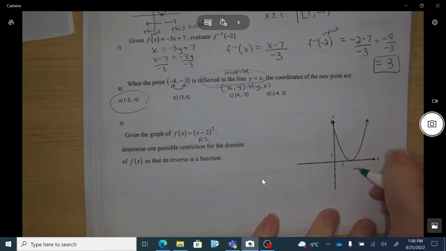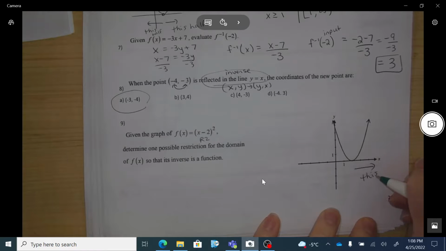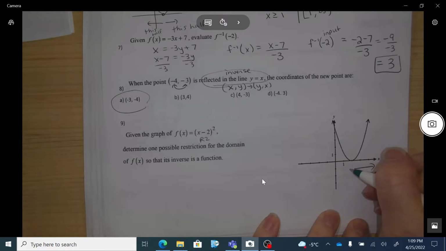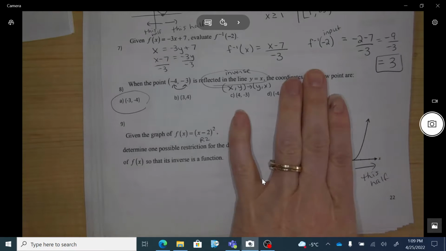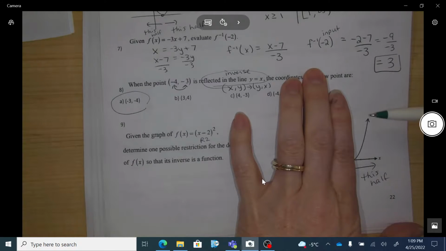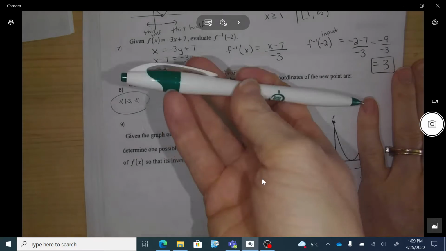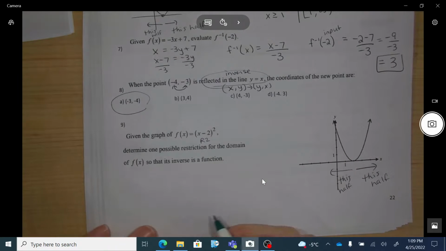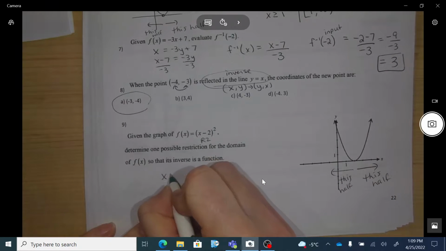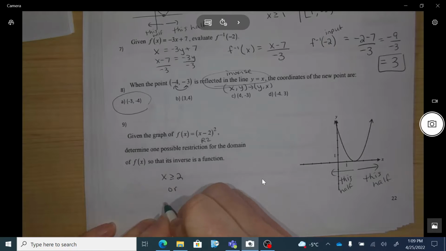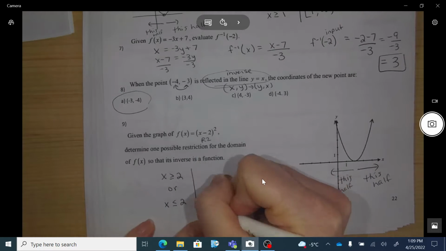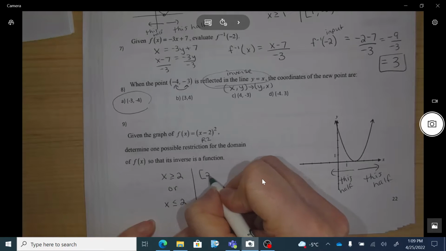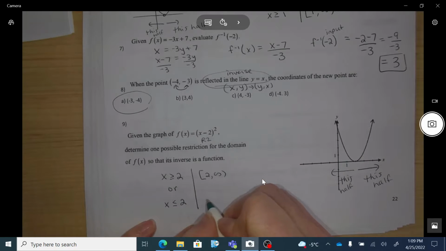So the domain, we're either going to have to take this half or this half in order for it to pass a horizontal line test. So we could go x greater or equal to 2, or x is less than or equal to 2. And then this would also be written if you want it in that form.